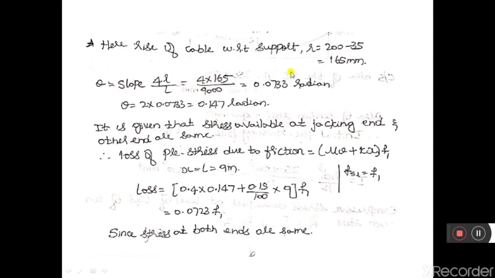Therefore slope is equal to 0.0733 radian. So theta is equal to 2 into slope, because the cable is being pulled only from one end. Therefore theta is equal to 0.147 radian.